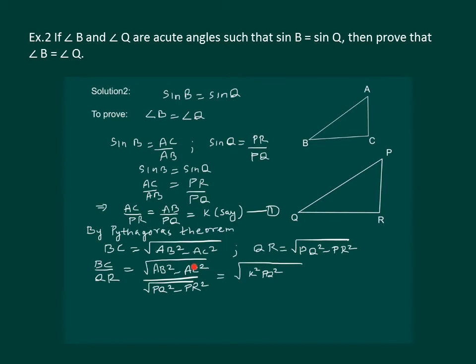Similarly, AC can be written as K times PR. So we have K square PR square whole by under root of PQ square minus PR square.